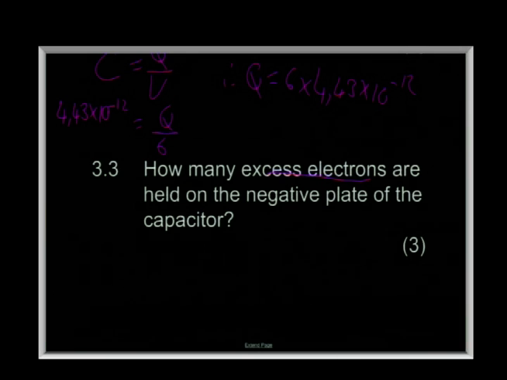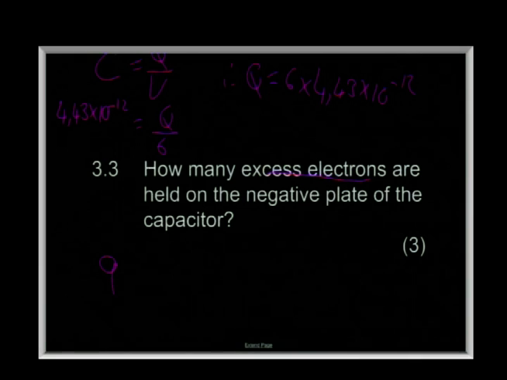Now, when you're dealing with capacitors, you've got to remember the stuff that you've dealt with in electrostatics. You should remember that the charge on one electron is the standard charge, or the most simple charge, 1,6 times 10 to the minus 19.